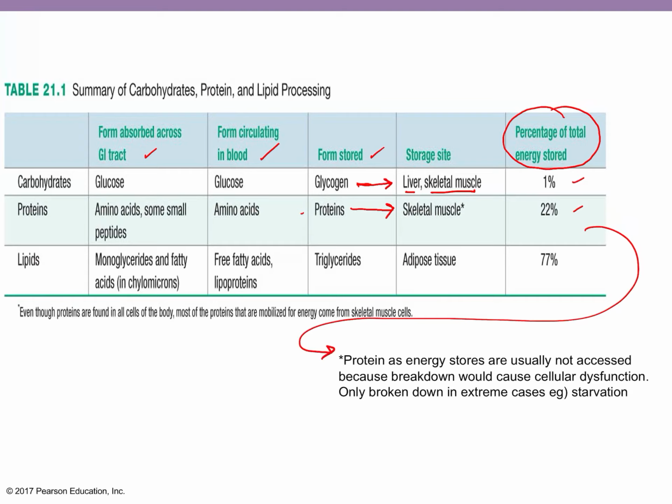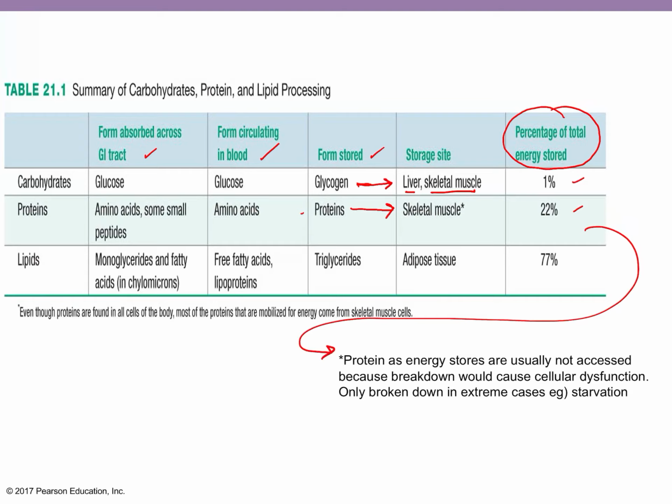Because once you start breaking down proteins, you're going to start to interfere with your cells, right? Proteins play such an important role: they are enzymes, they are transporters, they are secondary messenger systems. They have such important roles in the cell that once you start catabolizing proteins, you're going to interfere with the cell's normal function. And that's bad overall for the whole organism.